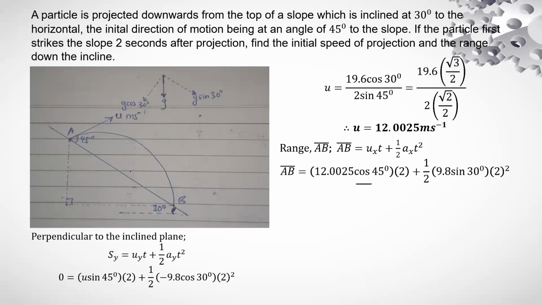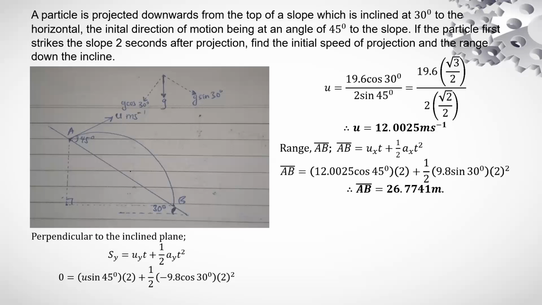So it's accelerating downwards in the same direction as the component of acceleration due to gravity, g sin 30. So when we obtain that, you get your AB as 26.77 meters. 26.7741 meters as your range down the incline.